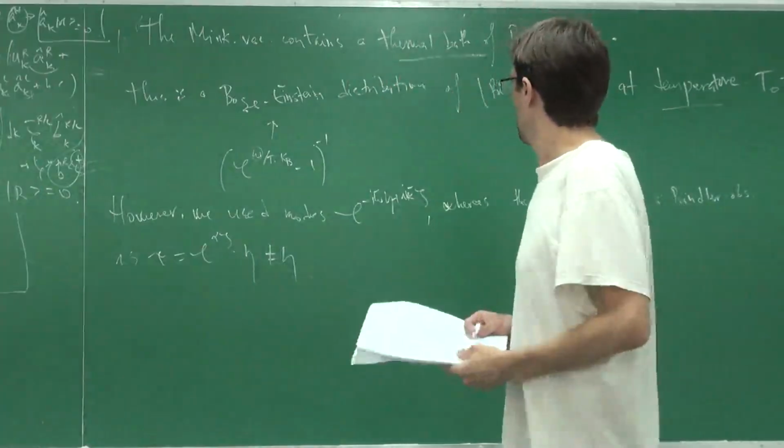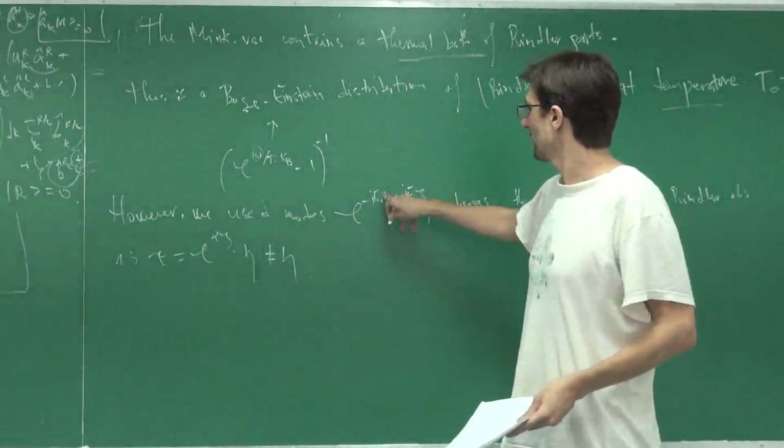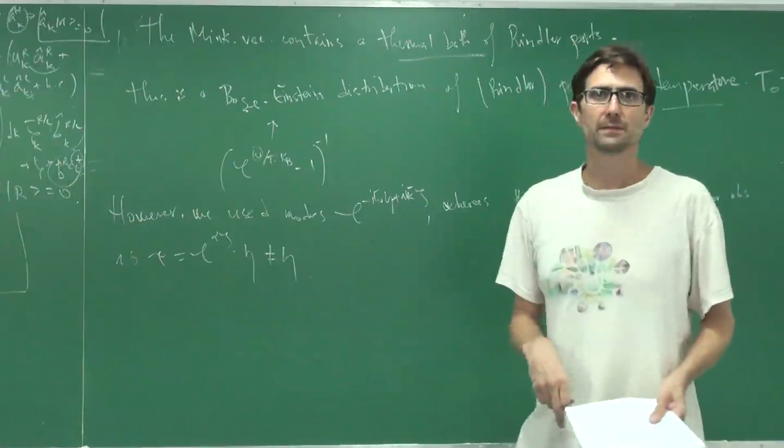Exponential minus i omega bar eta plus i k bar zeta.